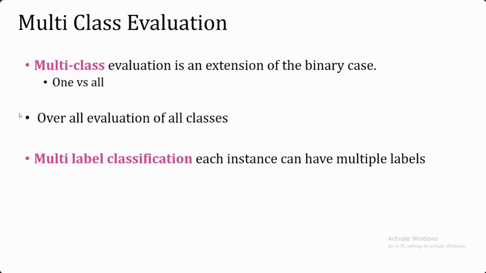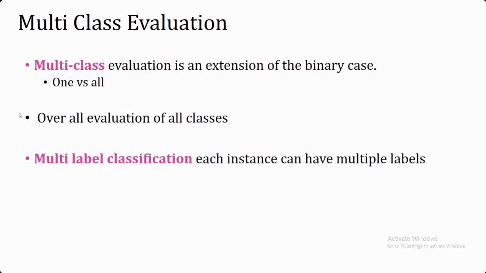Okay, now we are moving towards your multi-class classification problem. Now, in case of your multi-class classification problem, we could have two cases. First one is multi-class, that means you are going to have more than one class, like 0, 1, 2, 3 or 1, 2, 3, red, black, green. This could be the classes. And multi-label classification, that means for an instance, you can have multiple classes.